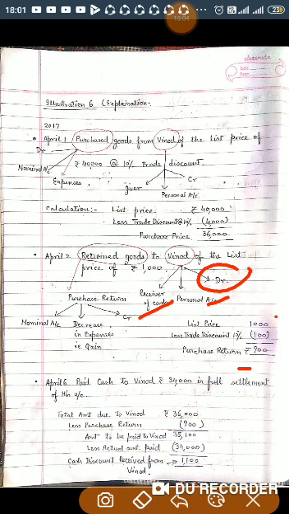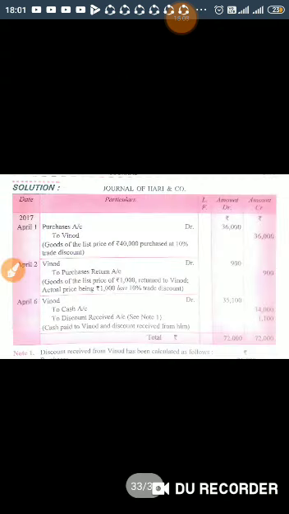So the purchase return amount is 900. So the journal entry will be Vinod debited to purchase return, that is 900. Goods of the list price of rupees 1000 returned to Vinod, actual price being 1000 less 10% trade discount.